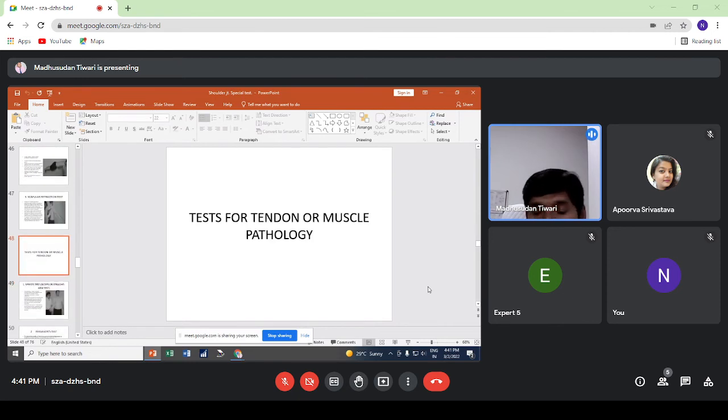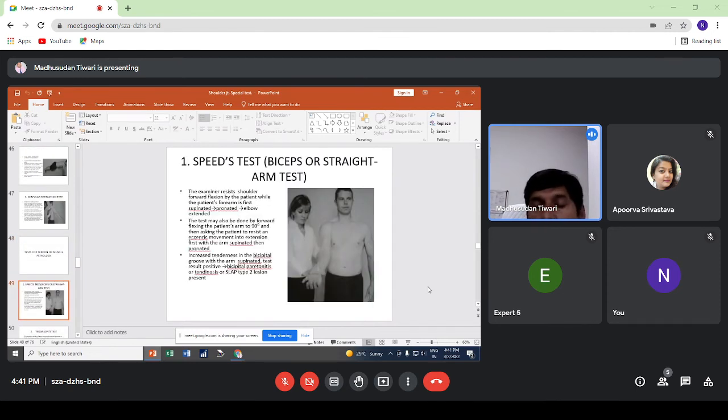Test for tendon injury or tendon pathology, tendon or muscle pathology. A speed test for biceps tendonitis, bicipital tendonitis, you can say. The examiner assists shoulder forward flexion by the patient while the patient's forearm is first supinated, then pronated, then elbow extended.